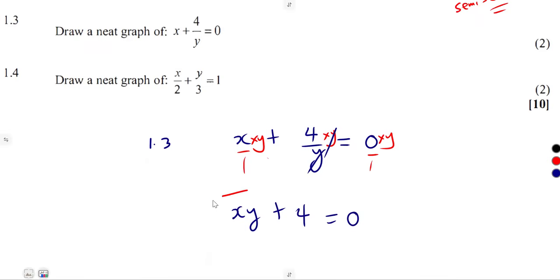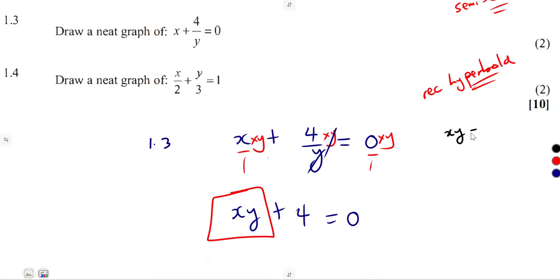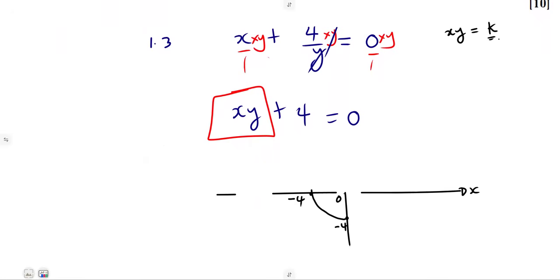Having a product here of x and y, guys, this alone tells us something about a rectangular hyperbola. Because there is something about xy being equal to what? To the constant k. So can we have xy as the subject of the formula? Yes, it can happen.